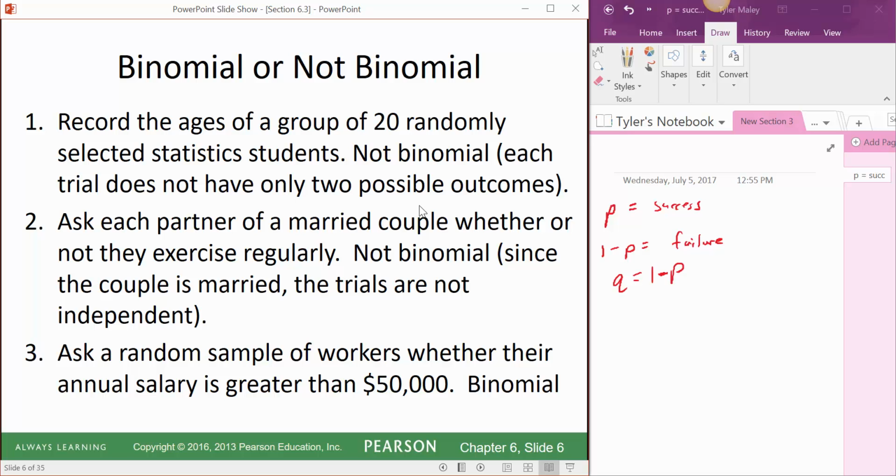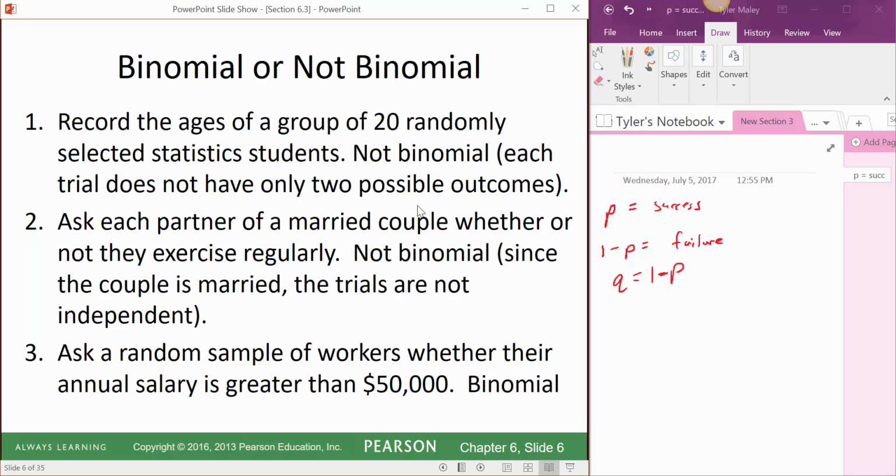The second example: let's say we want to ask each partner of a married couple whether or not they exercise regularly. Well, this is going to be not binomial since the couple is married. The trials are not independent of one another. In other words, with number 2, since we have couples that are married, they can have an effect on each other.